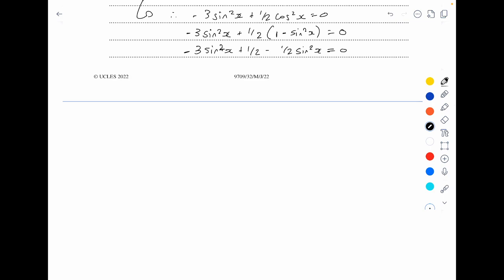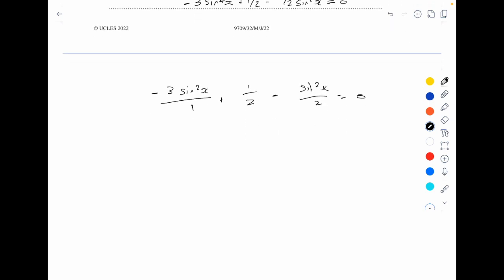Now, what this means is if we add this up here, what do we get? Well, negative 3 sine squared x over 1 plus 1 over 2 minus sine squared x over 2 is equal to 0. We times this all by 2. Negative 6 sine squared x plus 1 minus sine squared x is equal to 0.